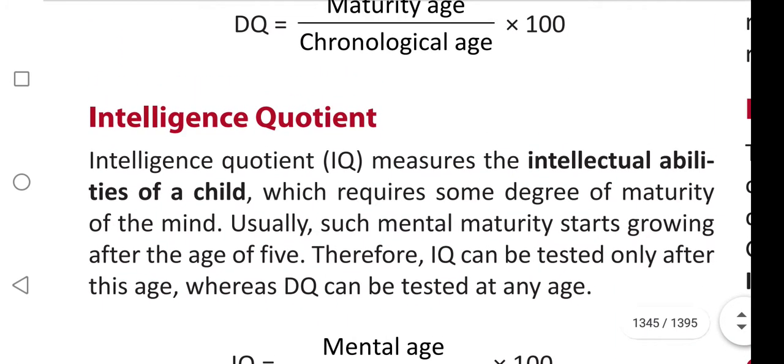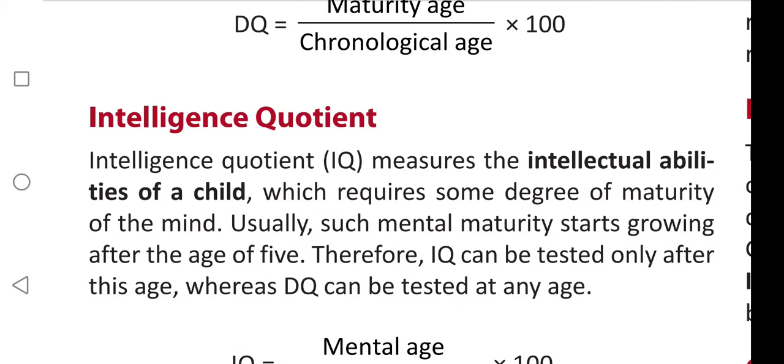Intelligence quotient. The intelligence quotient measures the intellectual ability of a child, which requires some degree of maturity of the mind. Usually such mental maturity starts growing after the age of 5.